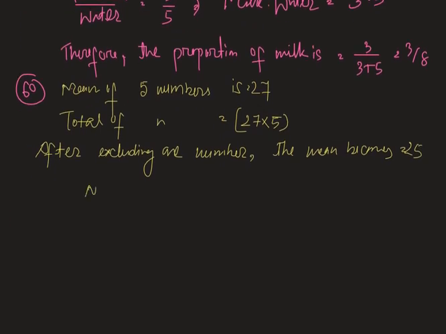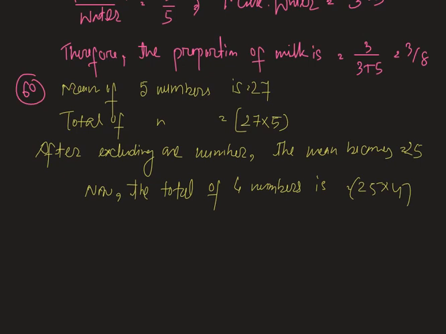Now the total of 4 numbers is 25 into 4.